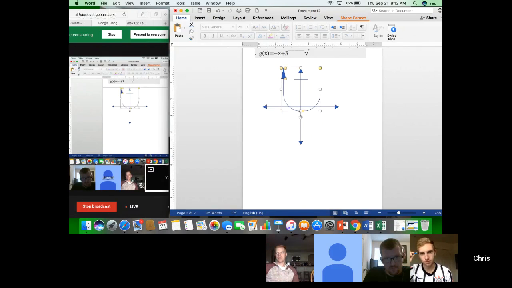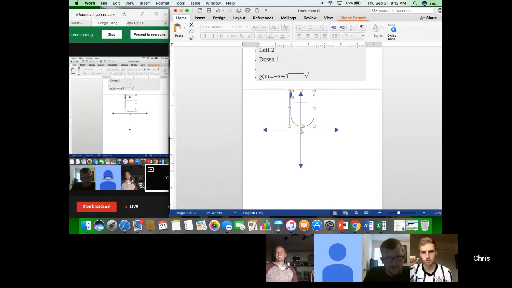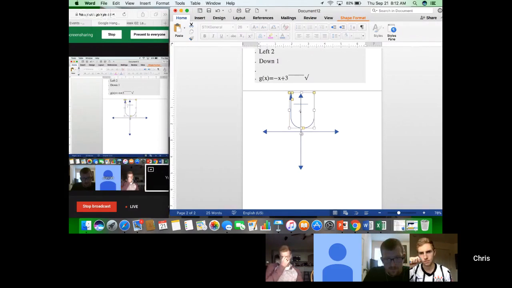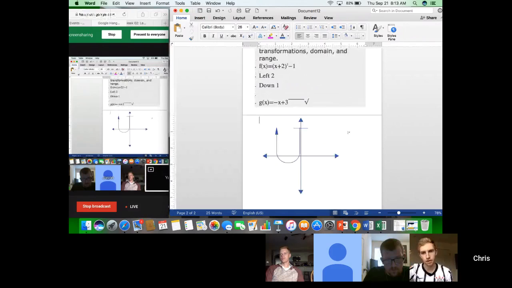So shrink that down. Okay, so that's like our makeshift parabola, if you will. That works. We want it to go left 2 and down 1. About like that? That looks right. In theory, the right part of the skewer would go past the x-axis, but it doesn't have to be perfect.